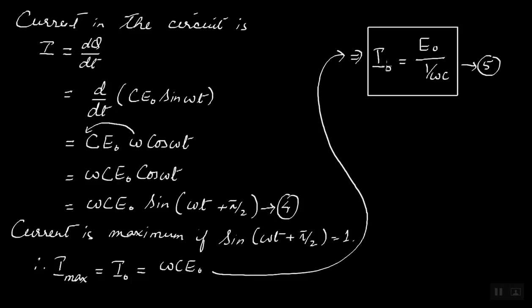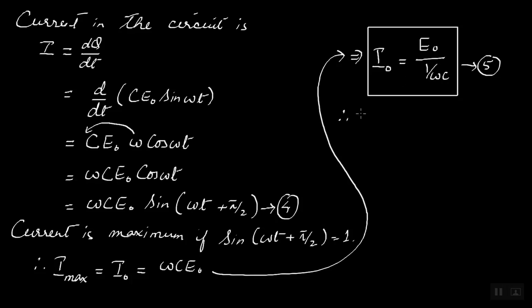Again here, I naught is E naught divided by some quantity. You cannot put omega C like this because omega C makes no sense. I have to write 1 by omega C. You will see later on that this is nothing but the capacitive reactance. All right. So let us substitute equation 5 in equation 4.